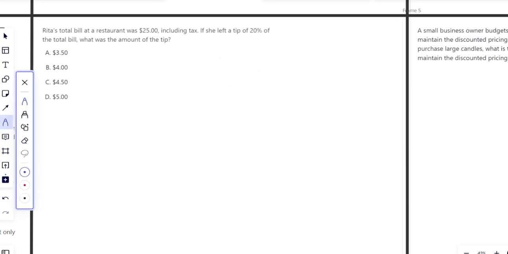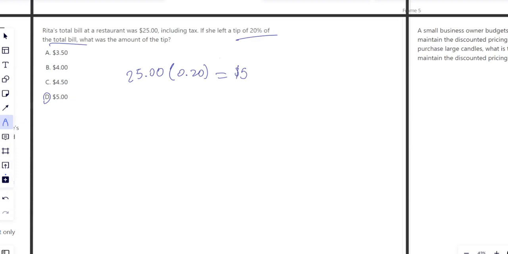That would be the equation we want to use if we were trying to find the pre-tax bill. But the total bill was actually $25, and the tip was left on the total bill. So to get the amount of the tip, all we have to do is multiply $25 by 0.20, which is 1/5 of 25, or $5. Actually, a lot simpler.